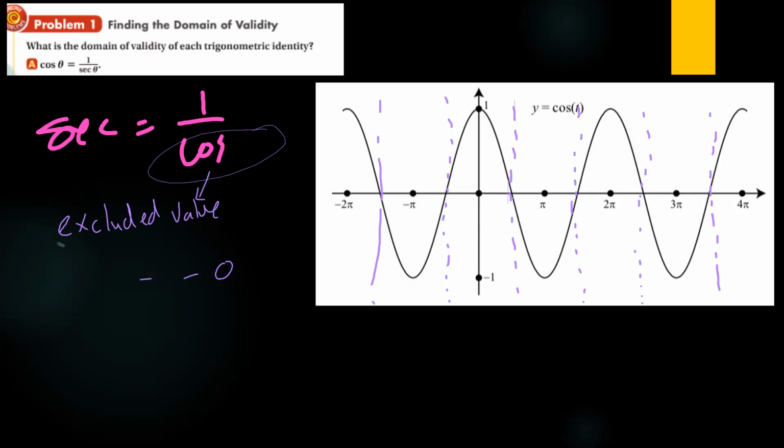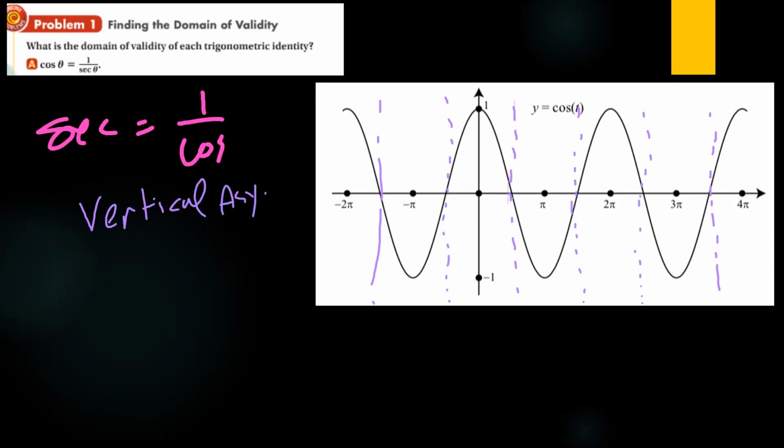Okay, I will repeat. Remember that if you have 1 over x minus b plus c, this b here is the vertical asymptote, and this c here is a horizontal one.